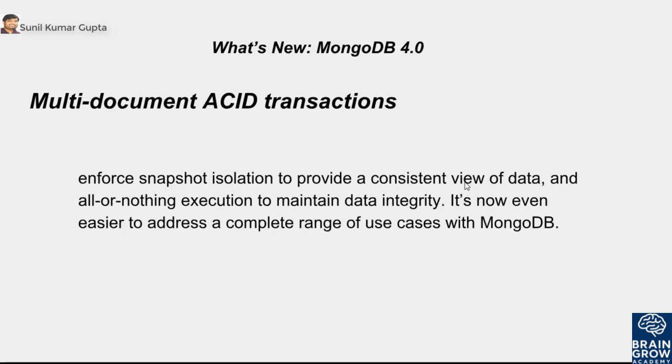If you write in one document and 1 or 2 documents are missing what we have inserted or written, then the data integrity will not be there, right? So multi-document ACID transactions will enforce that we get all the 4 documents written with the same thing, or nothing will be written on any of the documents.